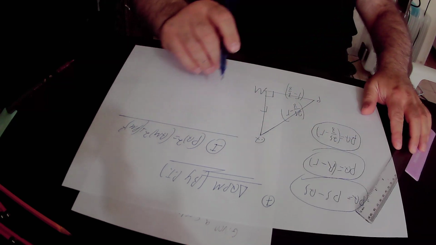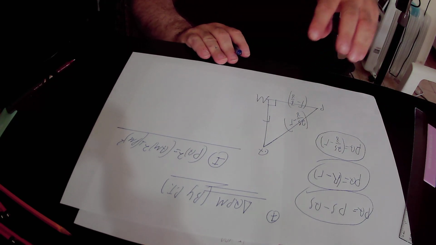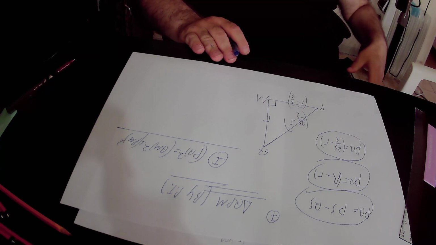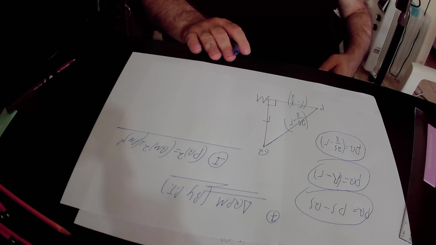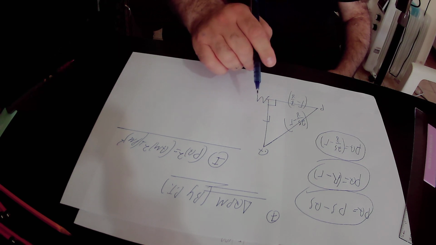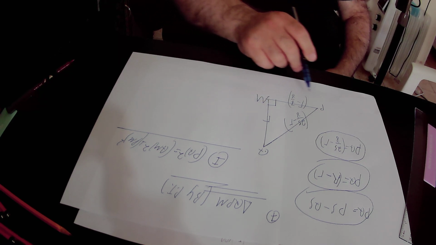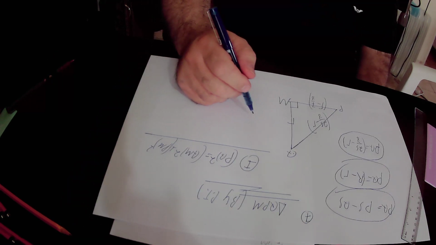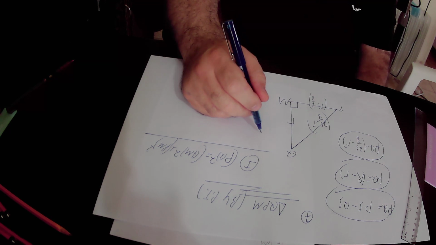I repeat again, we implemented the Pythagoras theorem on the right triangle PQM. According to the Pythagoras theorem, the square of the hypotenuse equals the sum of the squares of the perpendiculars. That is to say, PQ squared equals QM squared plus PM squared.